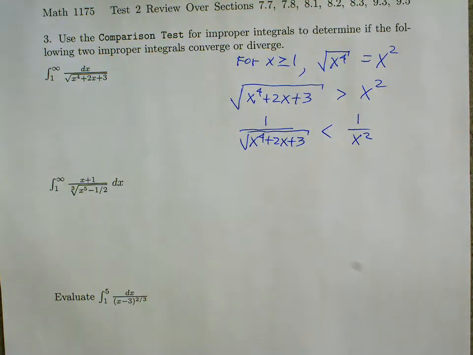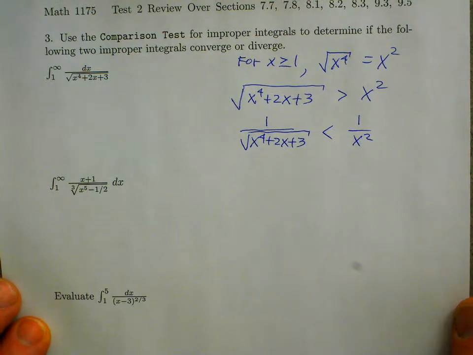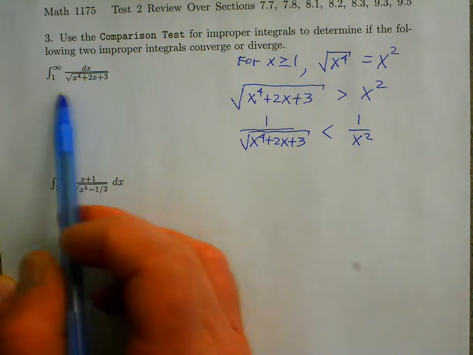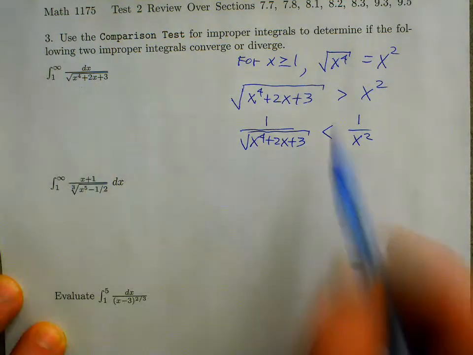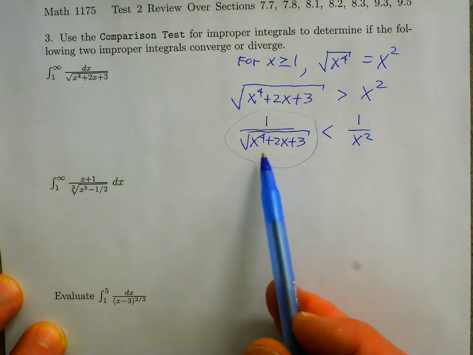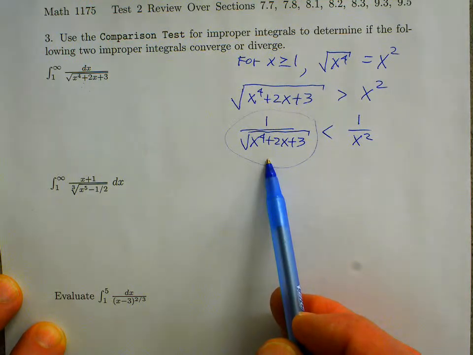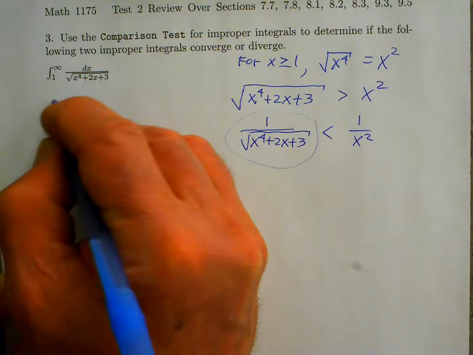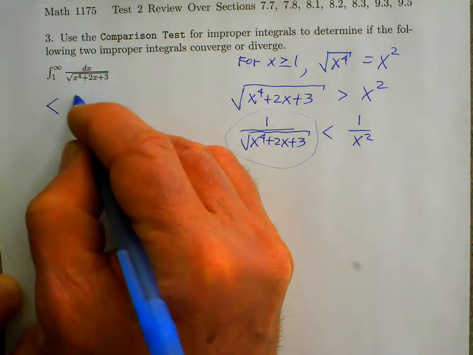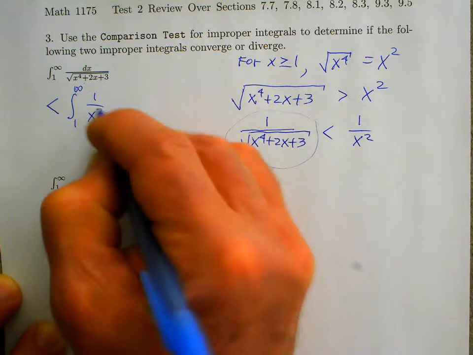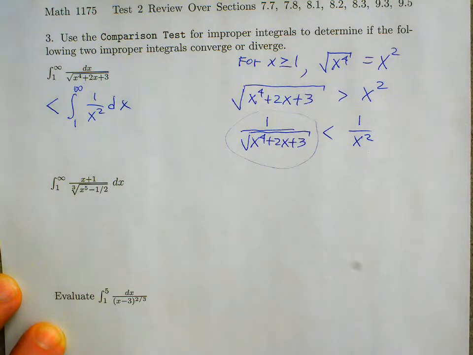Okay, so now we can apply the comparison test. Since this is the integrand of this improper integral, and this expression is less than 1 over x squared, then this improper integral will be less than the improper integral of 1 over x squared dx from 1 to infinity.